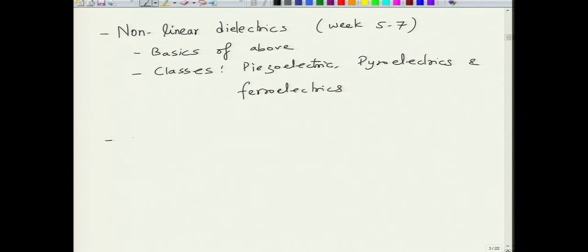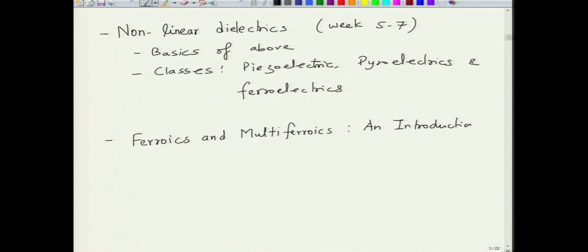And then finally we will move on to ferroics and multiferroics, and there we will introduce this new topic of multiferroics, looking at the types of multiferroics, what are the materials, what is the importance of these materials, and what are the challenges, what is the current status, and this will constitute week 8.